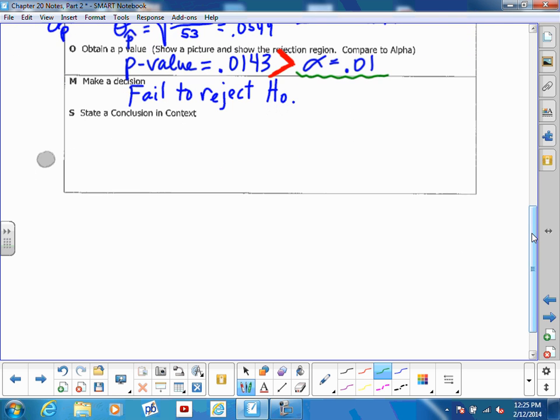I kind of have an outline of what I want you to include, so here it is. The first thing I want you to include is basically restating the p-value information and your decision. Then you need to go back up and look at your context, include context.